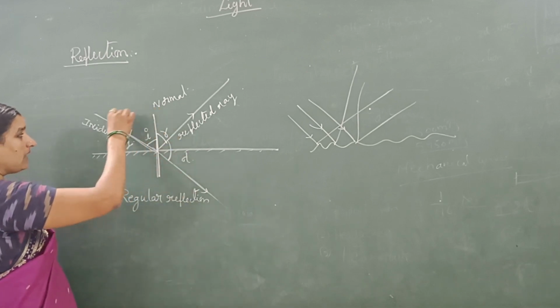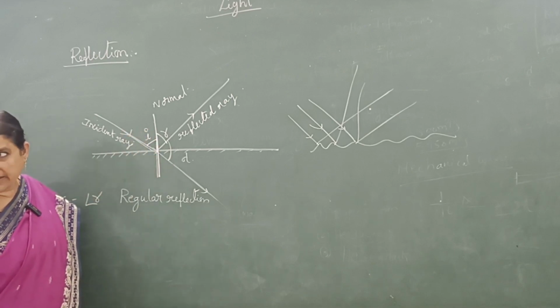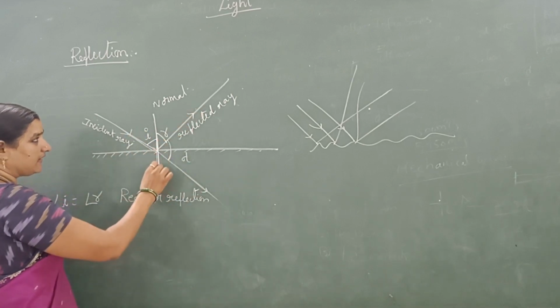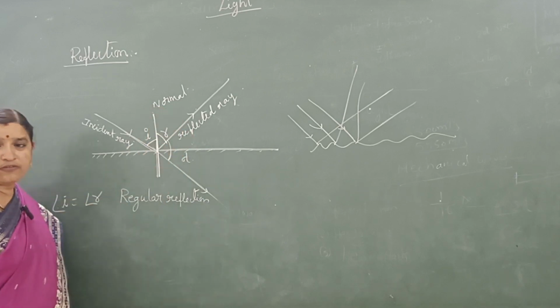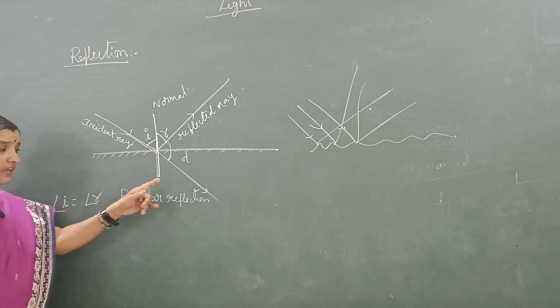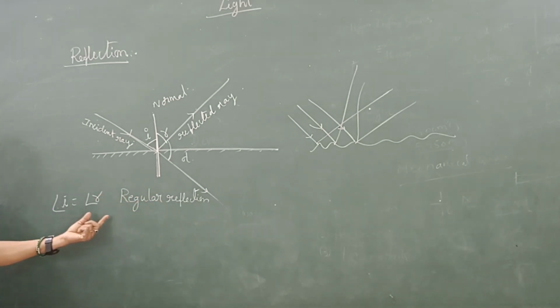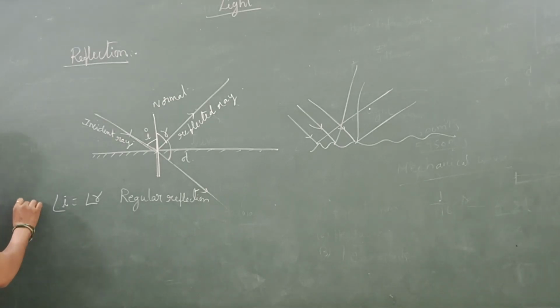The angle between the normal and the incident ray is called the angle of incidence, denoted by I. The angle between the normal and the reflected ray is called the angle of reflection, denoted by R. In a regular reflection, angle I is equal to angle R. This is one of the laws of reflection.